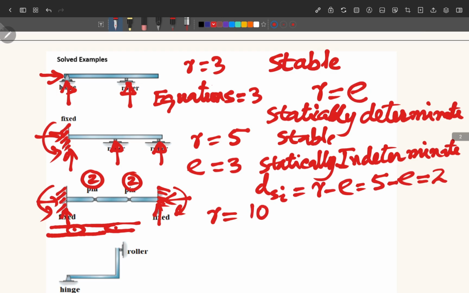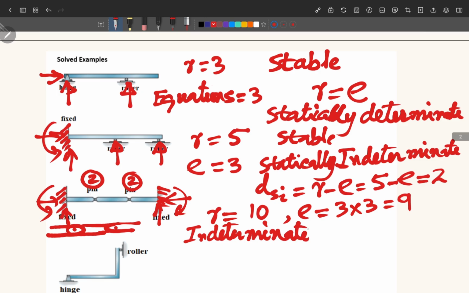And because there are three rigid bodies which are connected by these internal pins, the equations are 3 times 3 equal to 9. So R is equal to 10 and E is equal to 9. Therefore, it is indeterminate and the degree of static indeterminacy is R minus E, that is 10 minus 9 equal to 1. So this way we have solved the third question also.